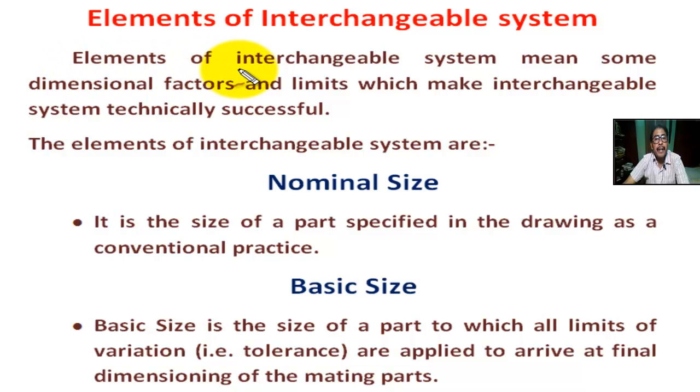Elements of an interchangeable system means some dimensional factors and limits which make the interchangeable system technically successful.